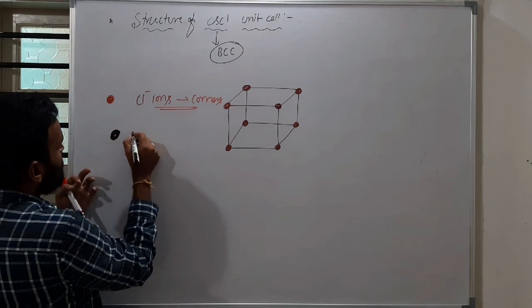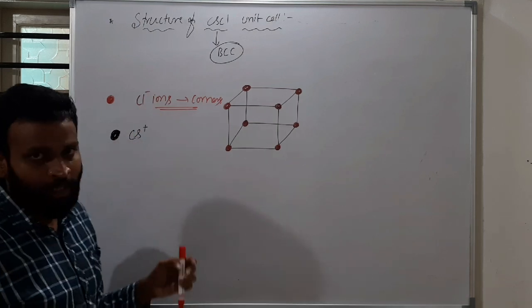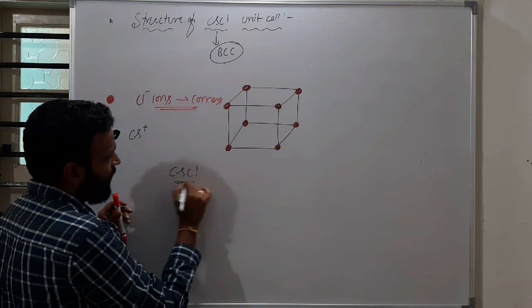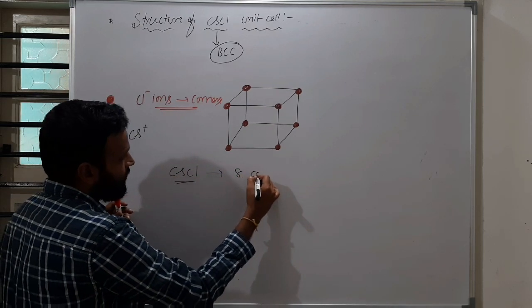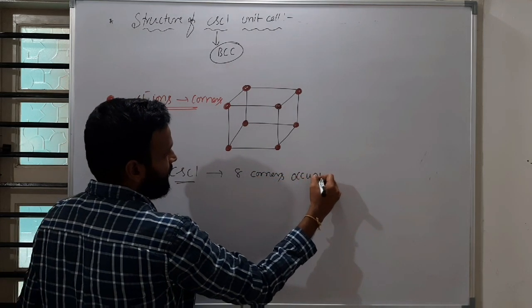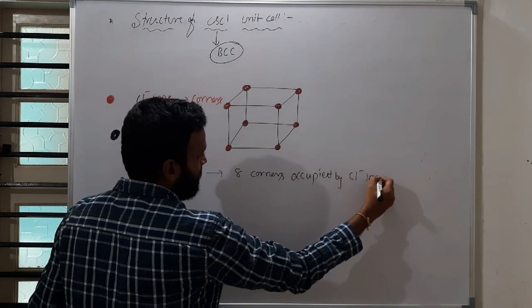Okay. So what is this? Cesium plus. That is Cl minus. So in CsCl, how are they present? 8 corners. 8 corners are occupied by whom? Cl minus ions. Pakka.